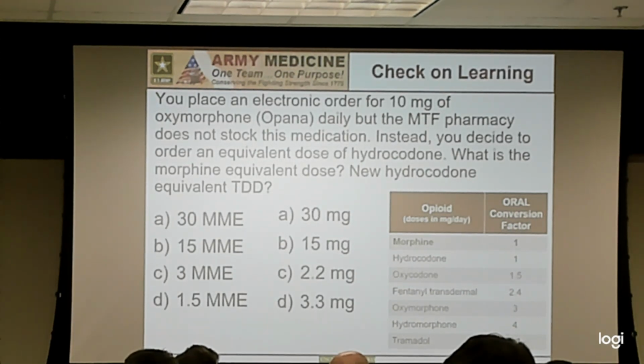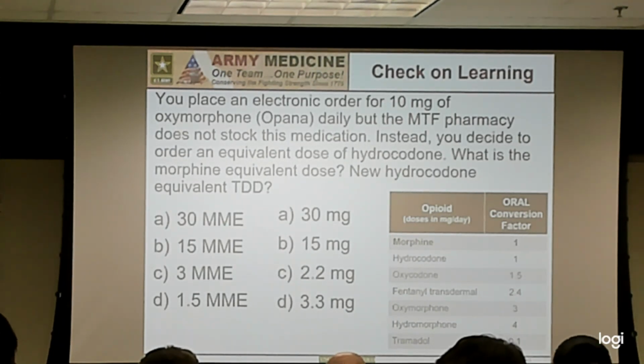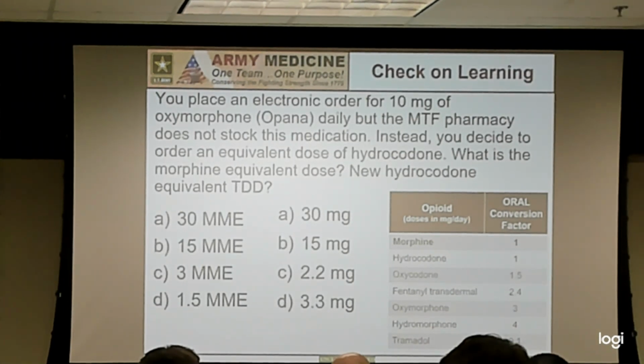Now I said, what is my new hydrocodone equivalent total daily dose? So this is where you will pick which way you want to work your math problem. For me, I said that I wanted to do my total daily dose, which was 10, times my new conversion factor on the top, so that's 1 because I'm changing to hydrocodone, over my old, which was Opana.